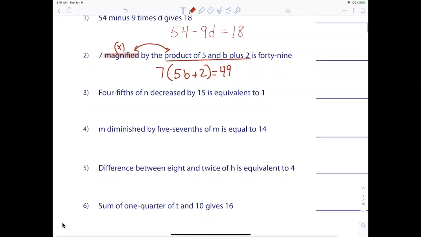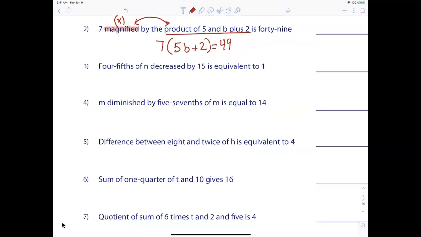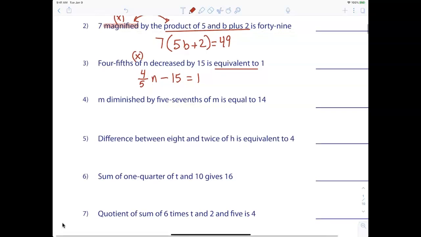Number 3: 4/5 of n. Don't forget, of in math means multiplication. So we have 4/5 n, decreased, which is subtraction, by 15. Equivalent is the same as equals 1. That wasn't too bad. Let's take a look at number 4.